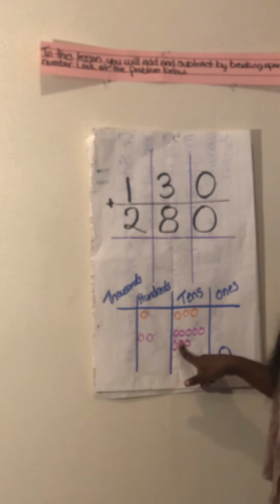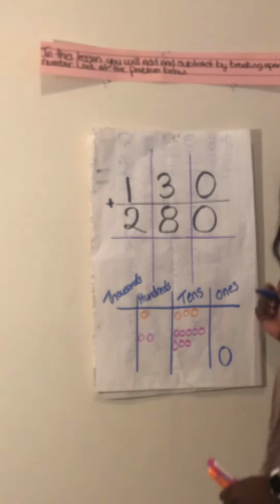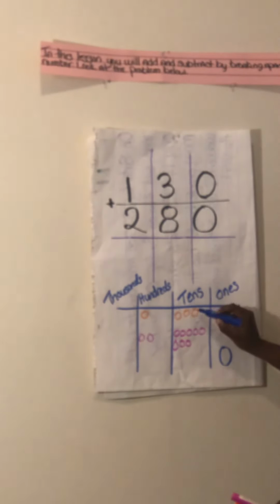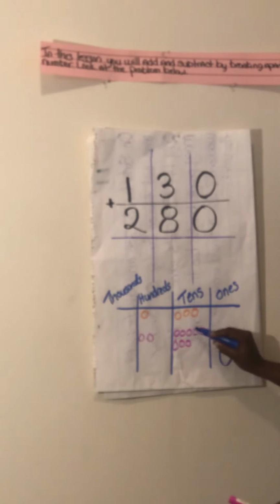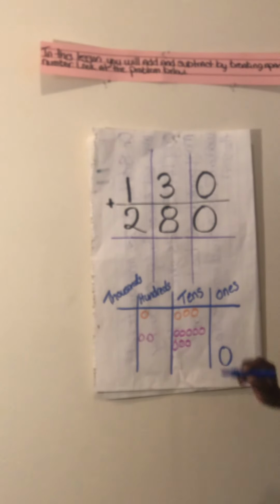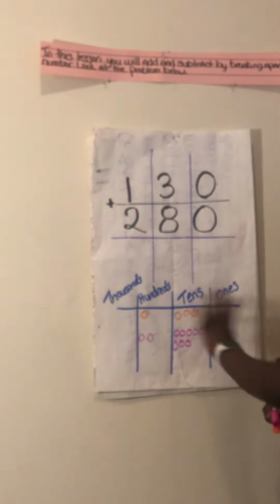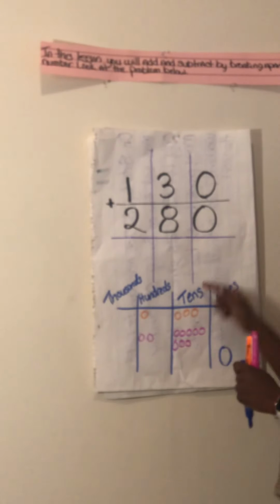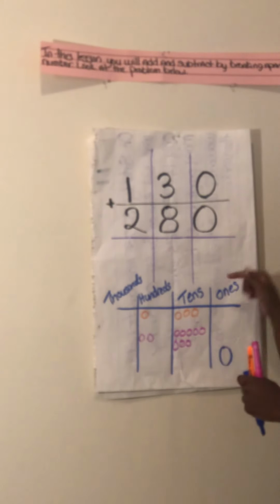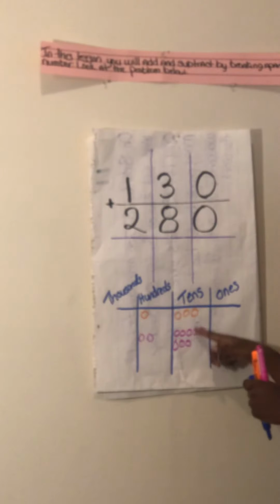Let's try it again, this time by counting up by ones. All right, 1, 2, 3, 4, 5, 6, 7, 8, 9, 10. I put a dot in that last one so I know which ones to bundle. I counted up by ones because right now what it's telling me is that there are 10 tens that make 100.